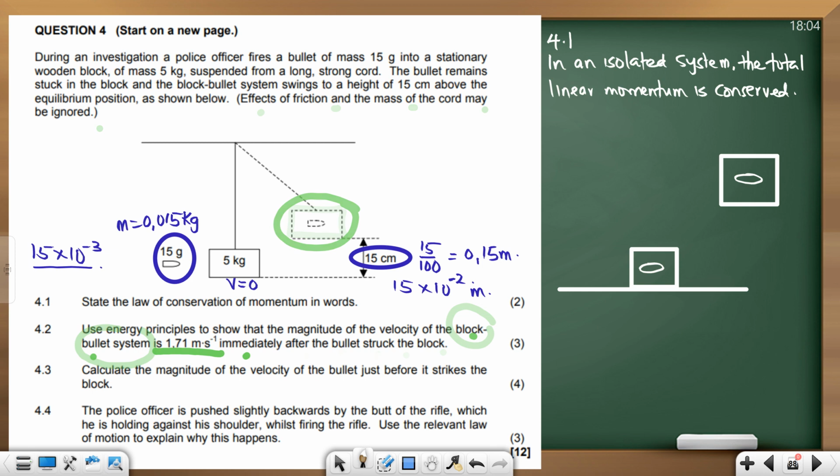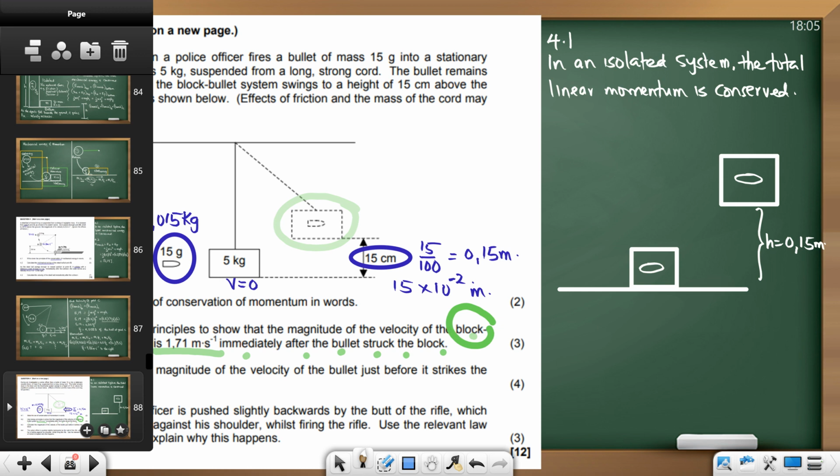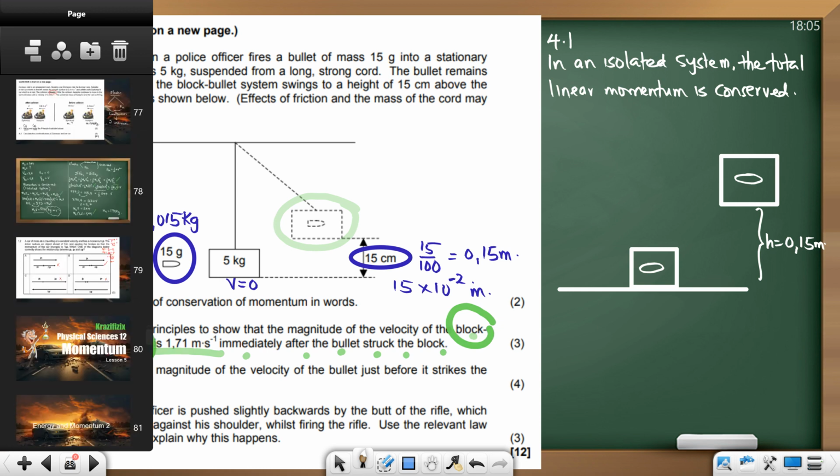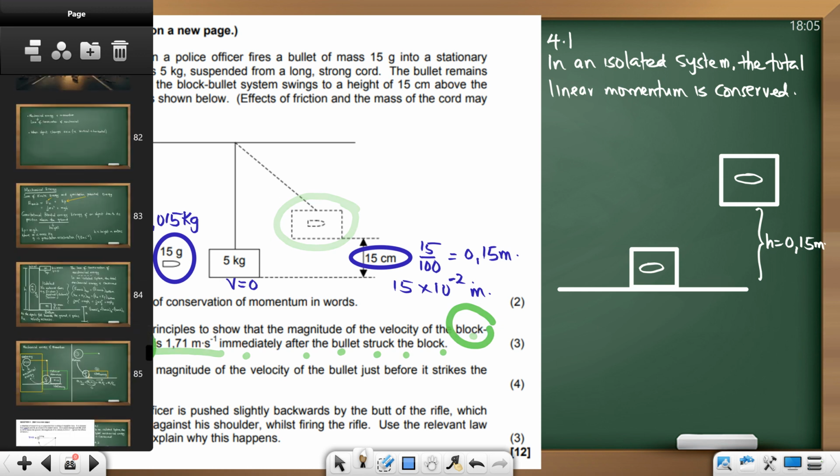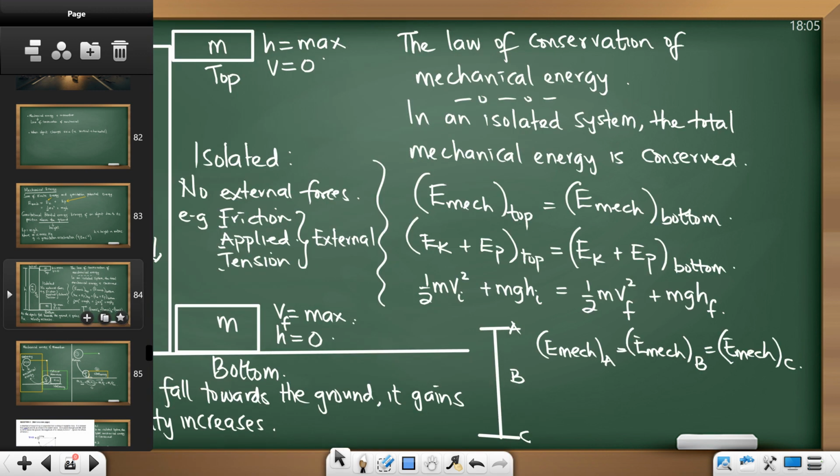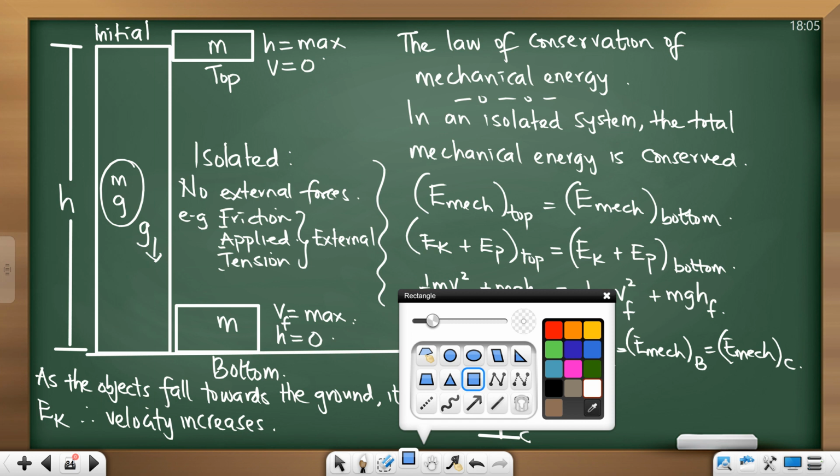We know that the height here is 0.15 meters. I mentioned something earlier on, and this is why your notes are very key. What do we know at maximum height?